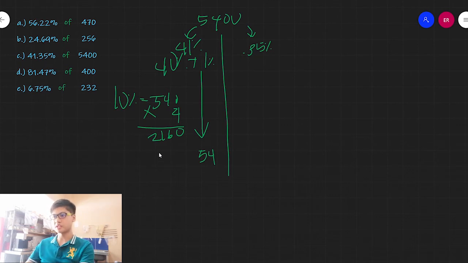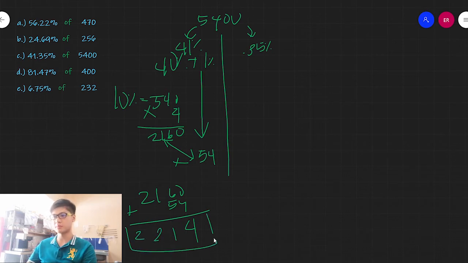It's going to be 1%. And so all we have to do is combine both of these answers so we can get 41% of 5,400. And our answer is going to be 2,214. So that's going to be the 41% of 5,400.